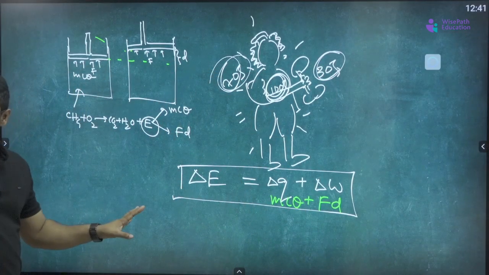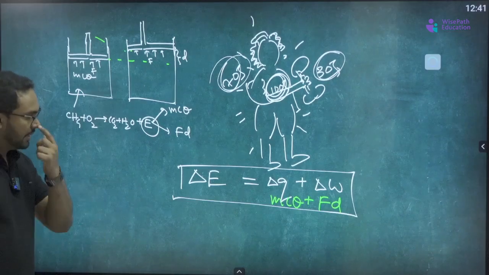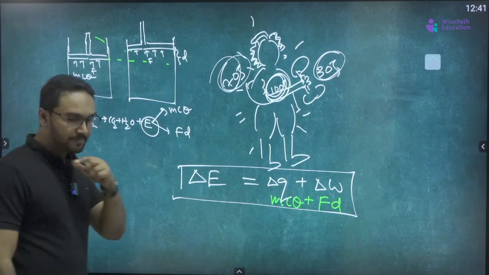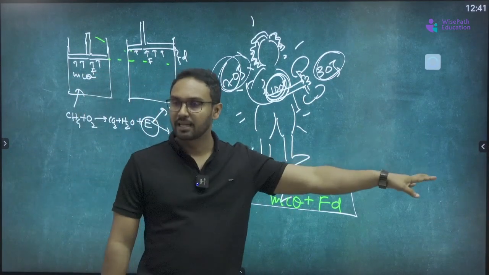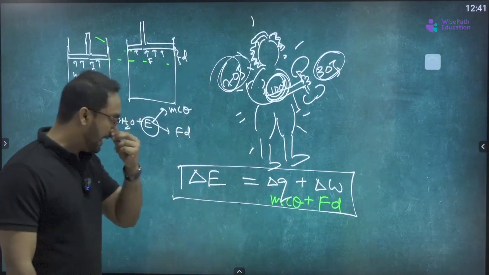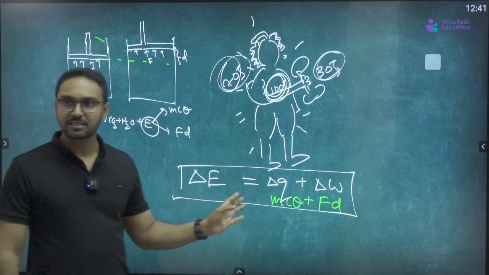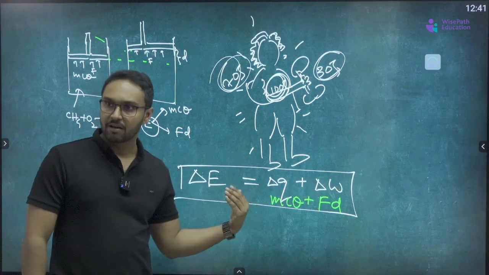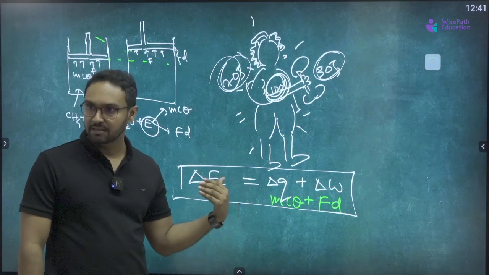So you understood this? Yeah. So the internal energy sometimes is released and sometimes is absorbed. If the internal energy is released, think of yourself as the system. Your energy is taken out, so it becomes minus to you.